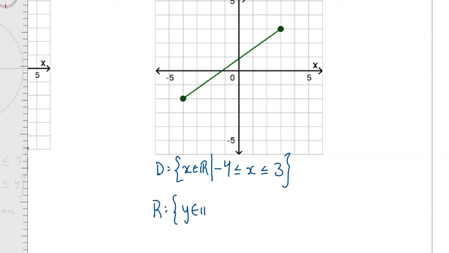Y is an element of real numbers such that, does it go up forever and down forever? No, it stops. Where does it stop? Where does it start? So what is this y value? And what is this y value? Good, so it goes from -2, it's always between -2 and +3.